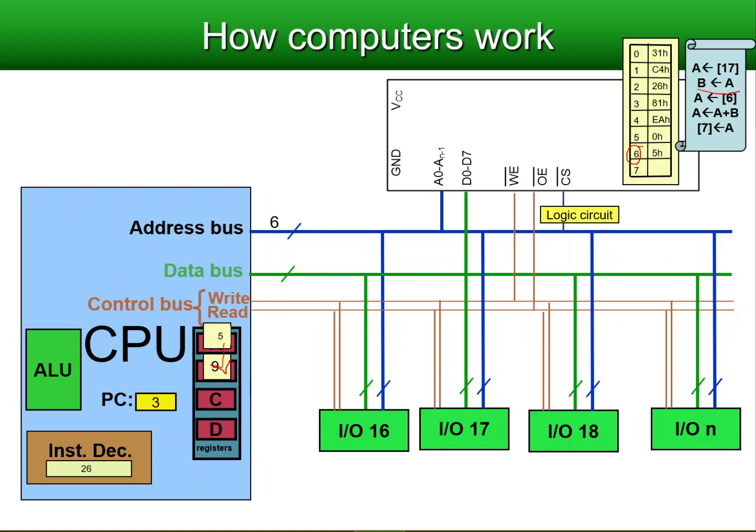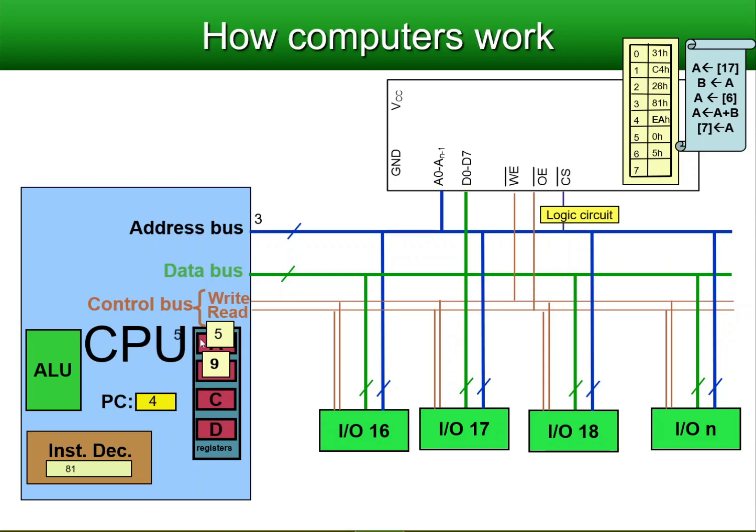The next address we are going to target is address number 3. So it will pass that address to our address bus, and the address bus will grab that information, which is 81H, pass it to the instruction decoder, and decode it. Meanwhile, our program counter is increased to 4, and we can see here that the fourth instruction is that we want to add the numbers in the A and B registers and then store them back to A. Here, the arithmetic logic unit is going to be used.